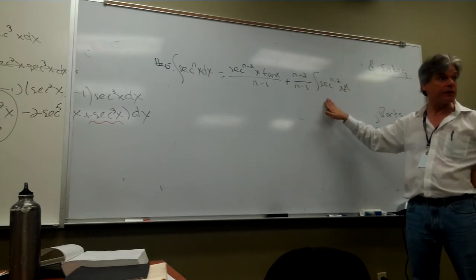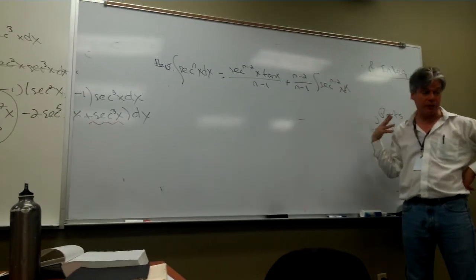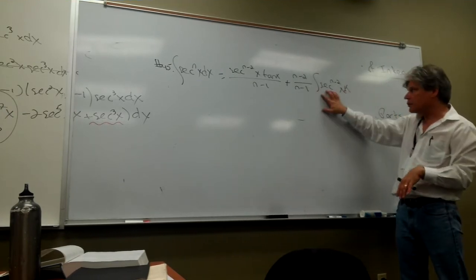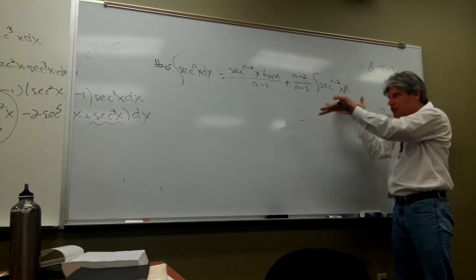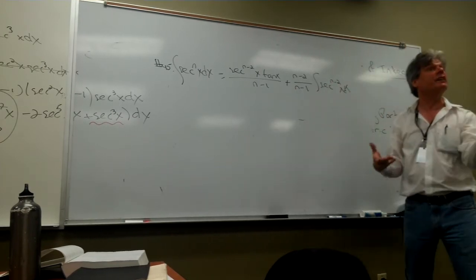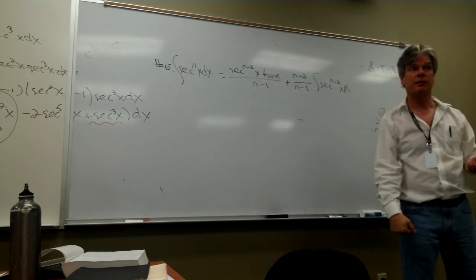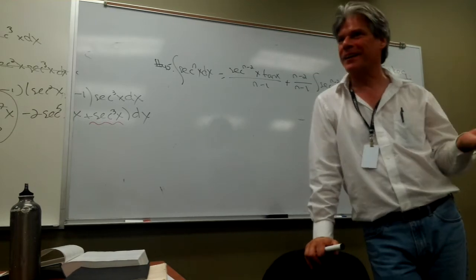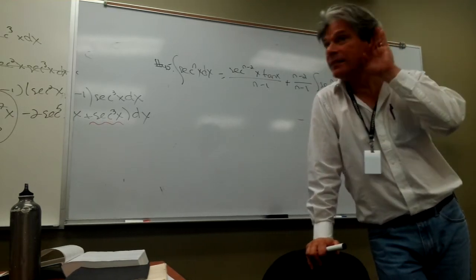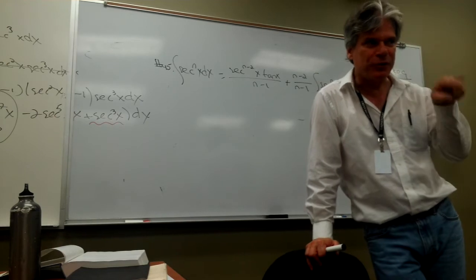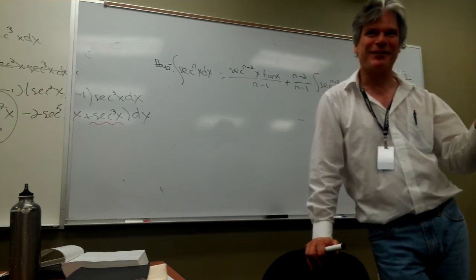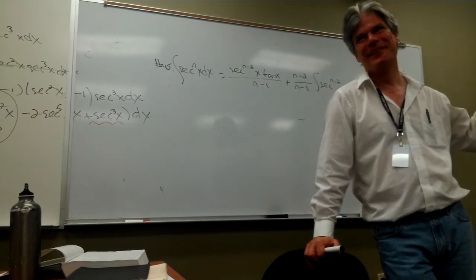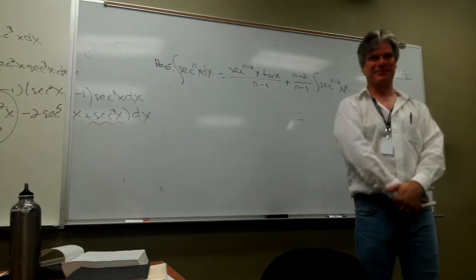Now, for this integral involving secant to the 5th, I'll apply this reduction identity again and whittle it down to secant cubed. For the secant cubed integral, I can apply this reduction identity again and reduce it down to an integral involving secant of x, which you would finally rewrite as the natural log of the absolute value of secant of x plus tangent of x, plus c.